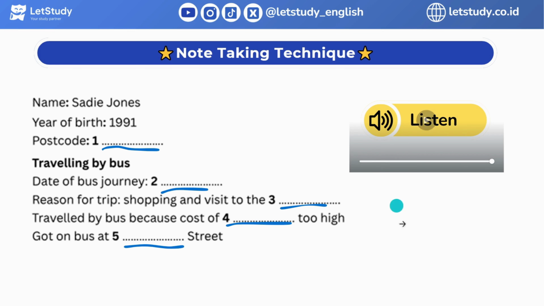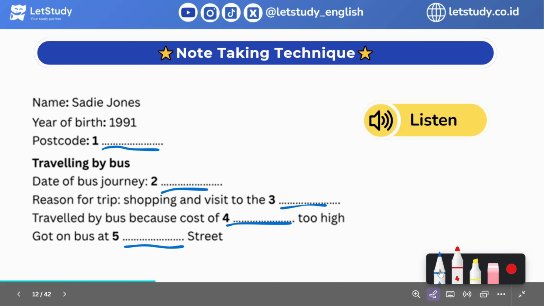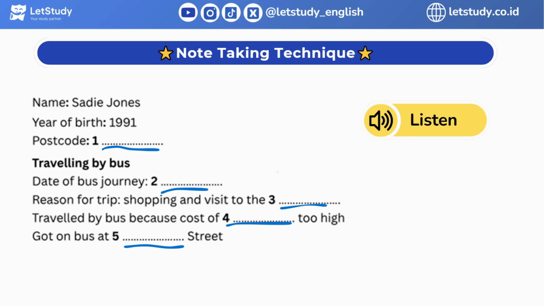Okay, StudyMates, after you listen to this conversation, you should be able to write the information in the worksheet that you are already provided. So first, the postcode, it's DW3Q7YNZ, and the date of the bus journey is 24th of April.